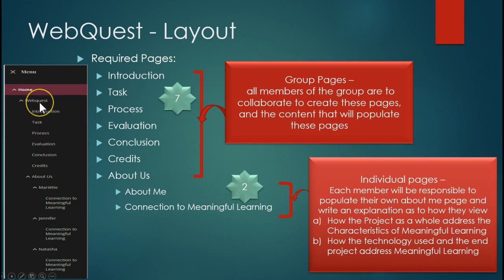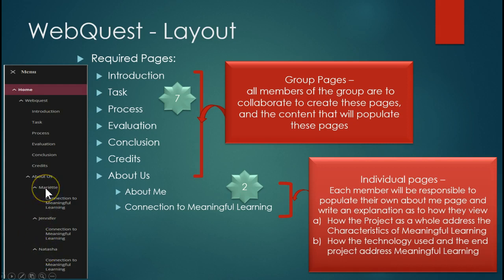So, to give you an idea, I had my original home page. From there, I had a page called WebQuest. On the WebQuest page, from there, I created the 7 pages that I needed for my groups. When I came to the About Us page, from there, I created 1 sub-page for each member of the group.